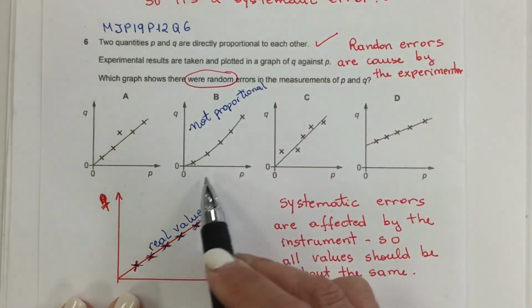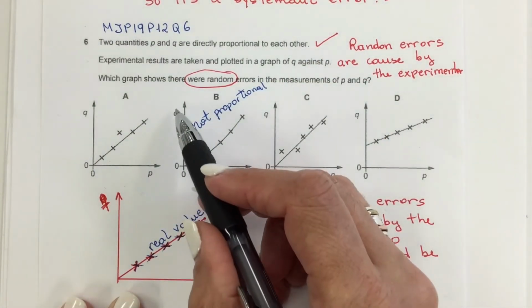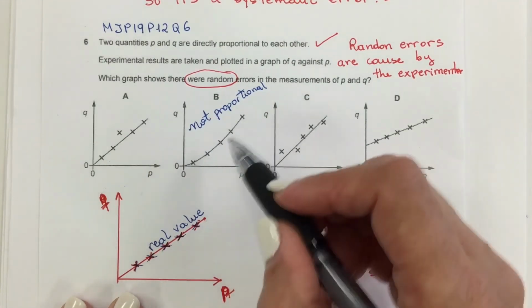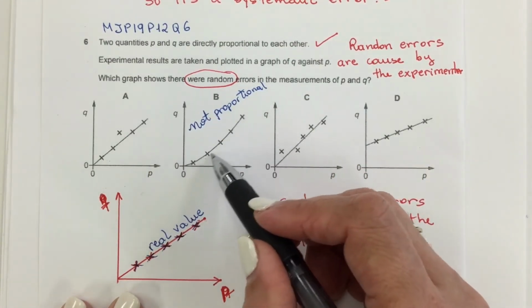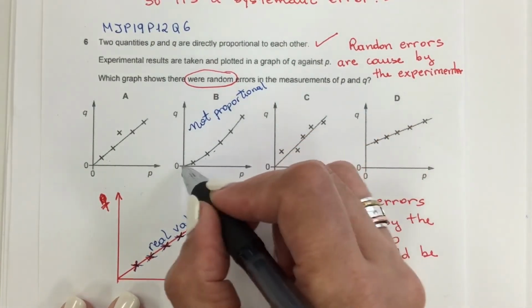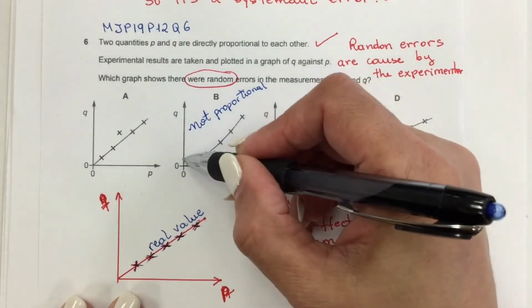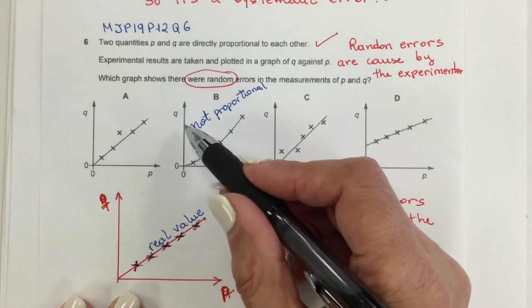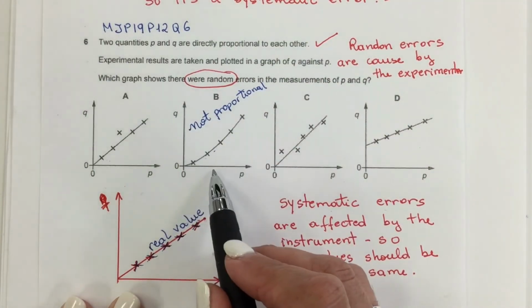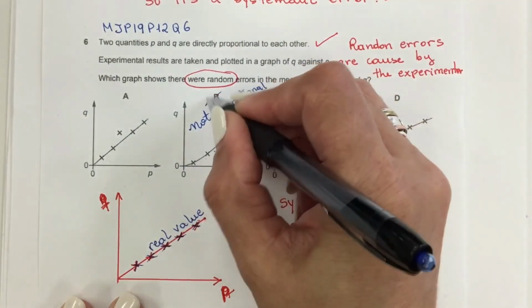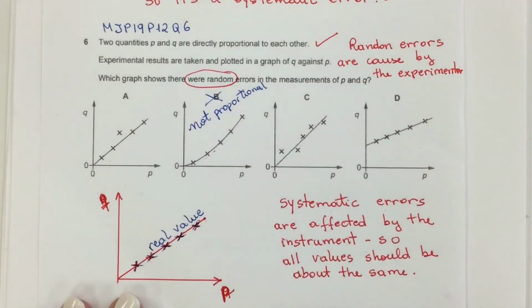The increment of P and the increment of Q are not proportional to each other, because at some point you are not going to have the same increment on the Y as you have on the X. So for that reason, B is eliminated.